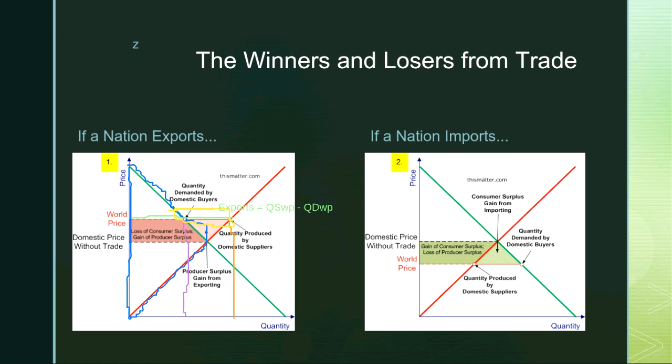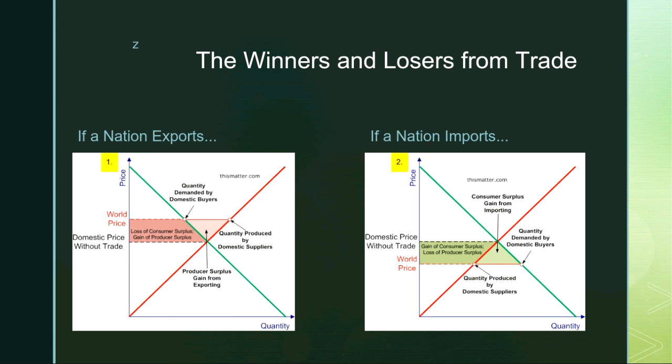And so in our case, this quantity supplied minus this quantity demanded determines the exports. Now, what does this mean? What does it mean that this is what we're exporting?